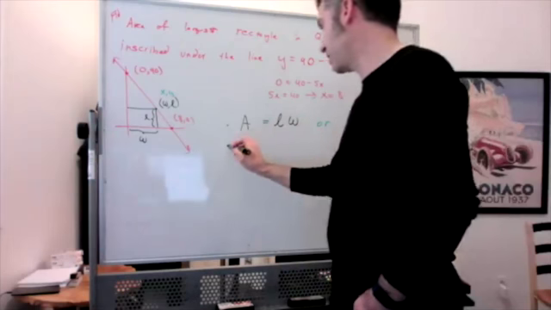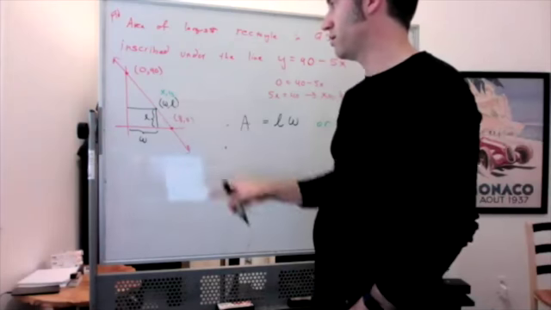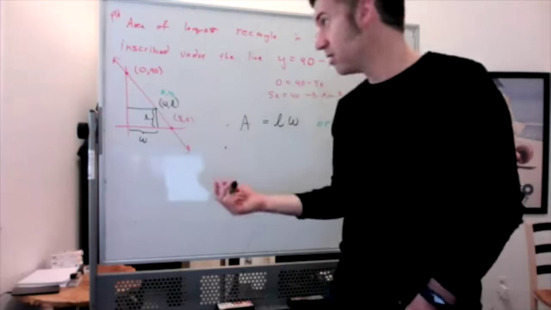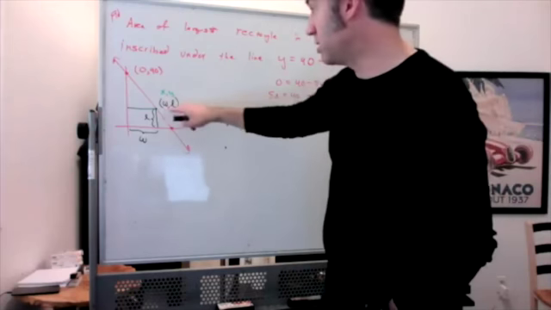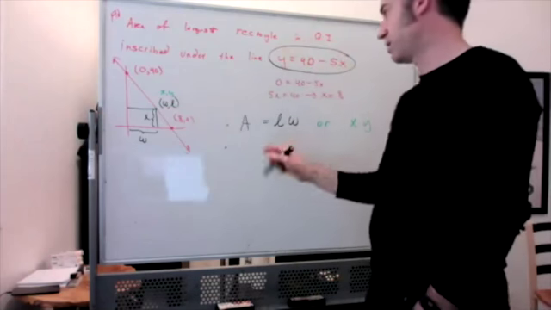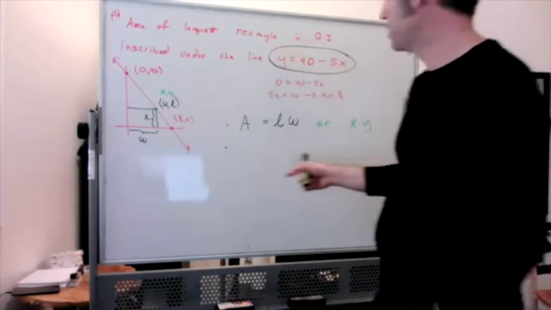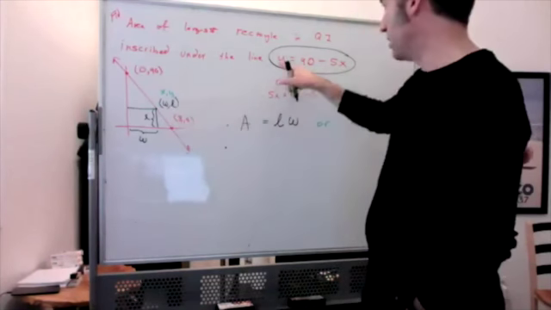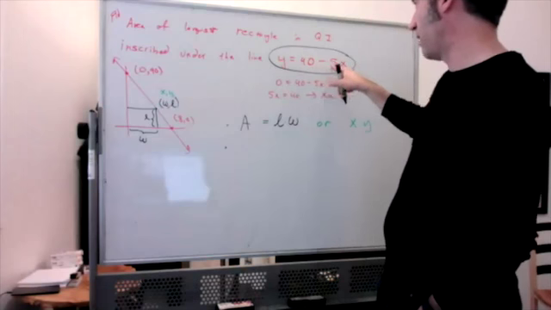The constraint is that this point on the rectangle is on the line, meaning these points satisfy this equation. So my constraint: W is the x coordinate, L is the y coordinate, so it would be L equal to 40 minus 5W.